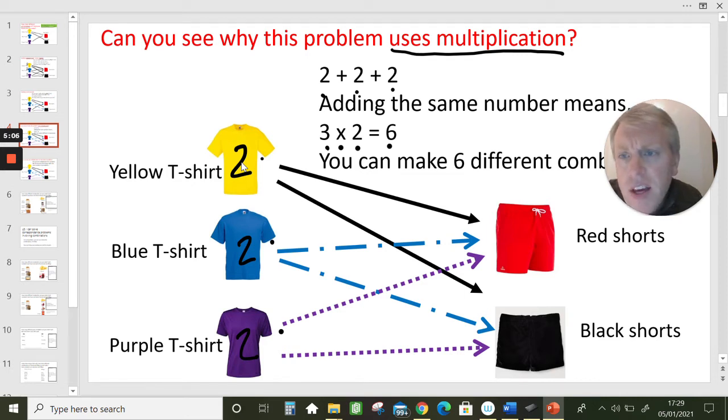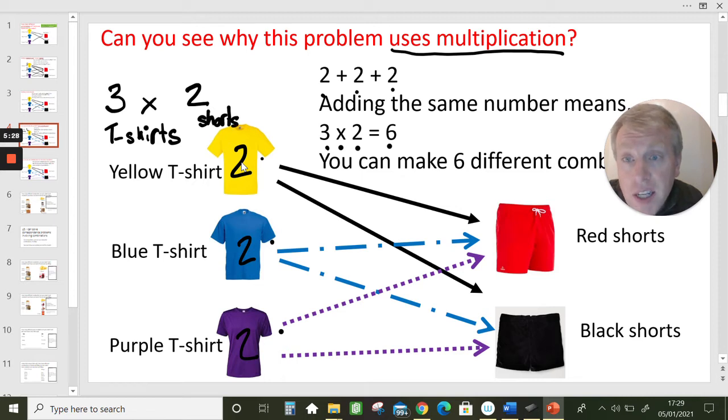Perhaps we'll write it over here. 3 t-shirts, I'll write the t-shirts under the 3. 3 t-shirts times 2, and the 2 here means shorts, doesn't it? Whoops. 3 t-shirt possibilities, 2 shorts possibilities, makes 6. 6 what? 6.